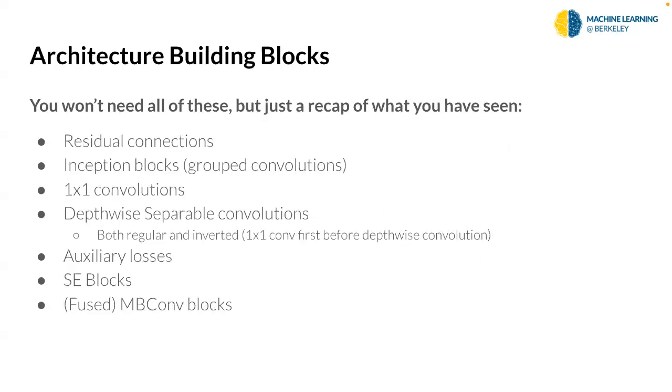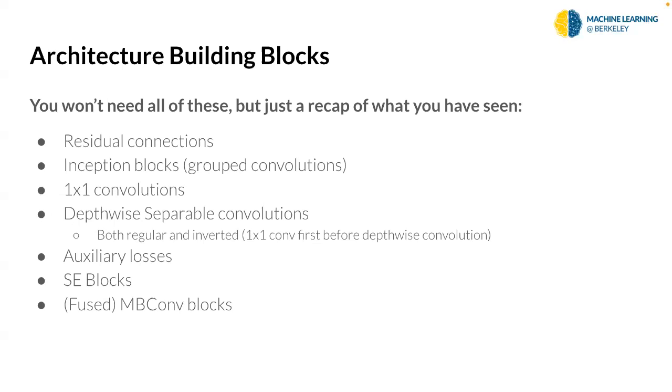And then some architecture building blocks that you should keep at the back of your mind whenever you design architectures. First of all, residual connections or skip connections, absolutely necessary for training deeper networks. VGG. Inception blocks, group convolutions, being able to learn at different resolutions. One-by-one convolutions for being able to resize the number of output channels that you have, and learn features across different input channels.